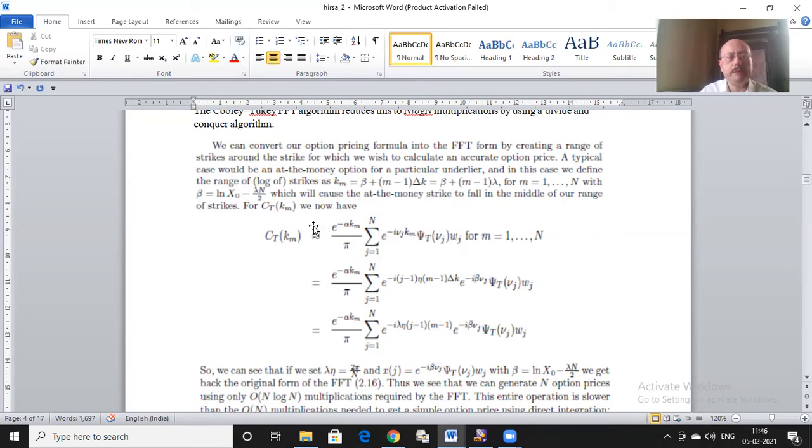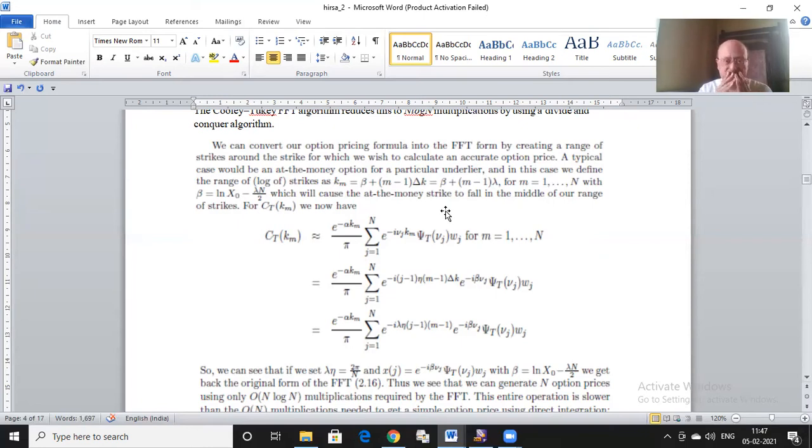This choice will cause the at the money strike to fall in the middle of our range of strikes. So we have a whole range of strikes from this beta up to log x0 plus lambda N. If my strike price is close to log x0 at this point, then I will take a range to the left and to the right of the current price, so that the current price falls in the middle.